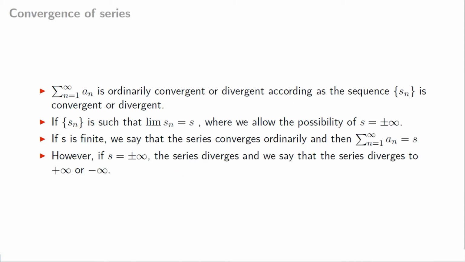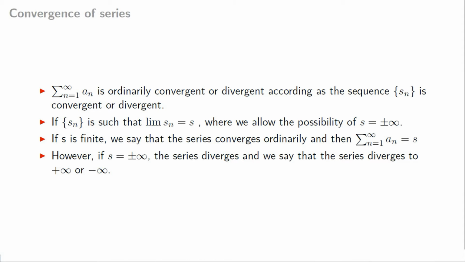So next, we shall discuss convergence of series. A series, that is, summation n from 1 to infinity of An, is ordinarily convergent or divergent according as the sequence Sn is convergent or divergent.